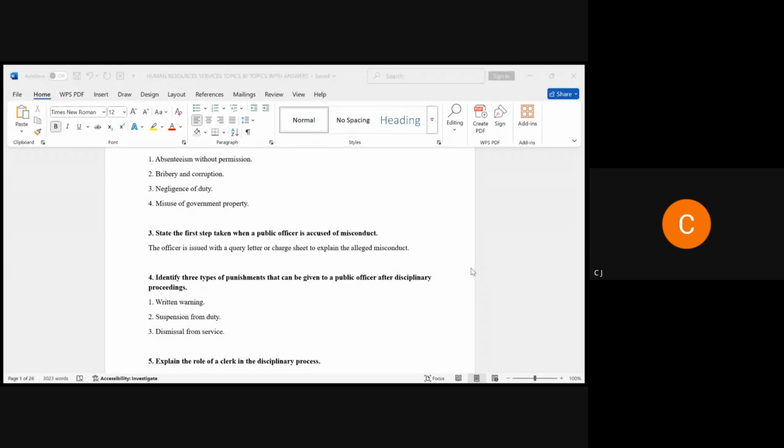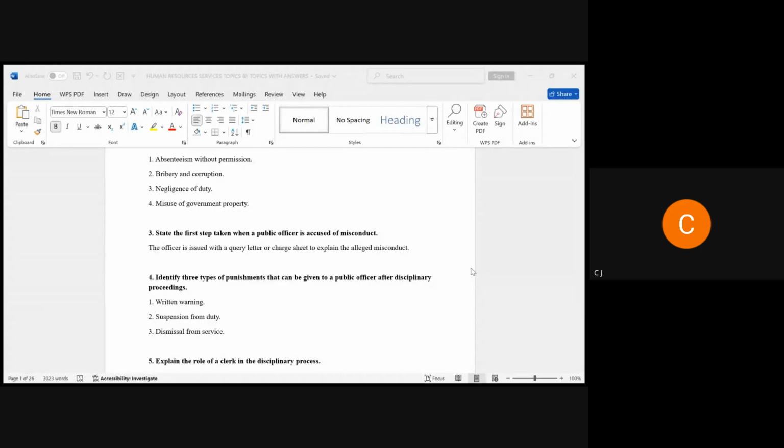Another one, keep proper personnel records. You are also responsible for keeping personnel records for the person who is now facing disciplinary process.